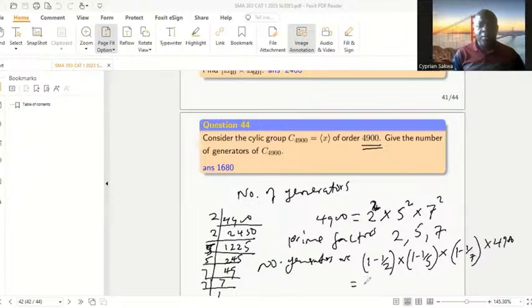So this would be a half times 4 out of 5 times 6 out of 7, times 49. And if you use a calculator, this should give you 1680 generators.